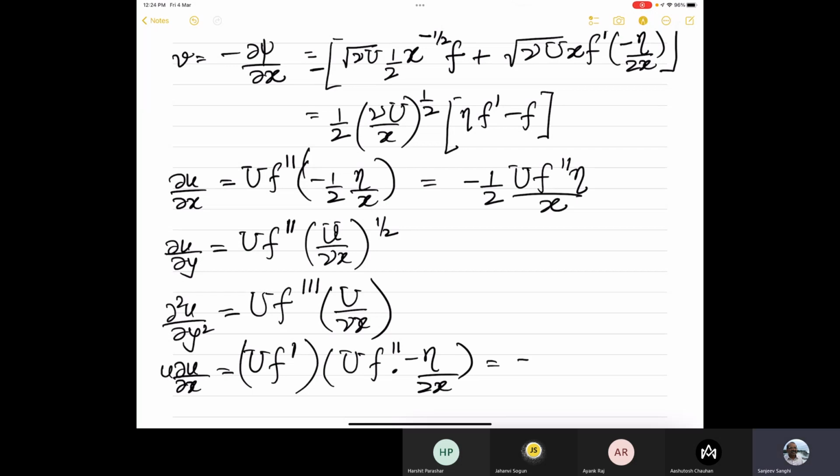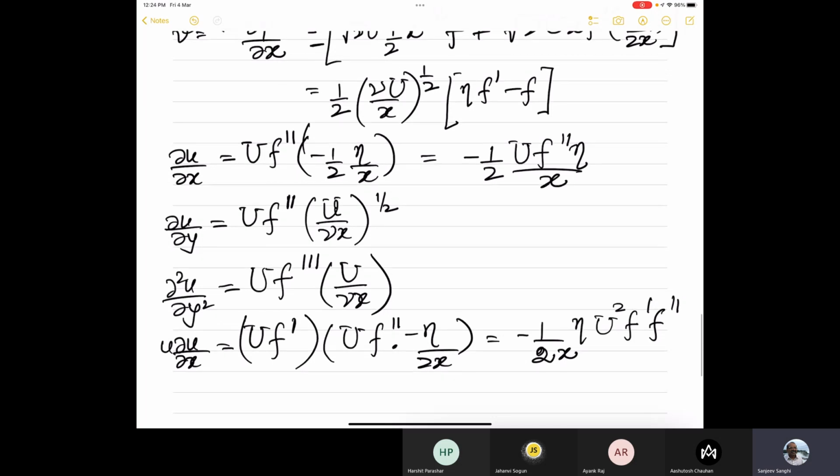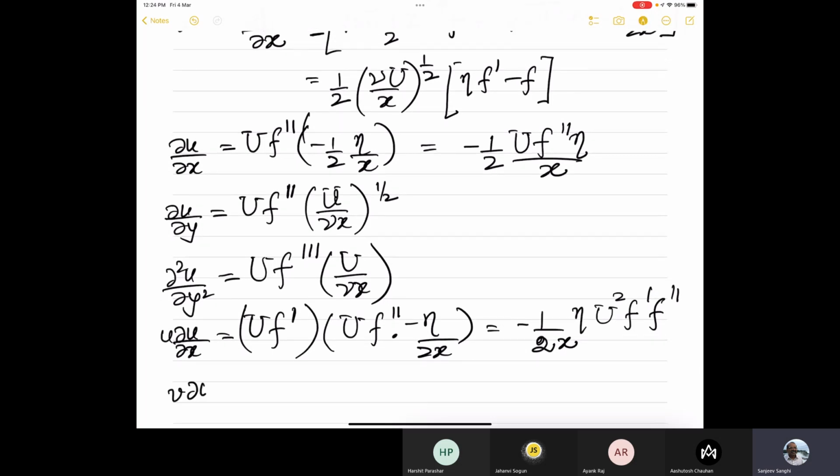So this becomes equal to minus half times, or minus 1 over 2x, eta u square f prime f double prime. This is u du by dx.